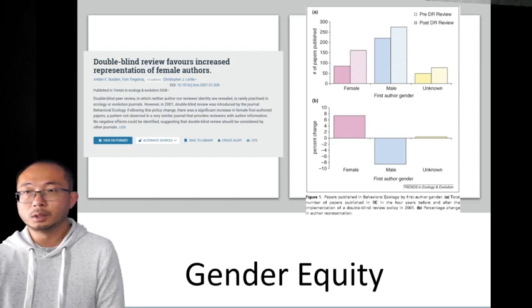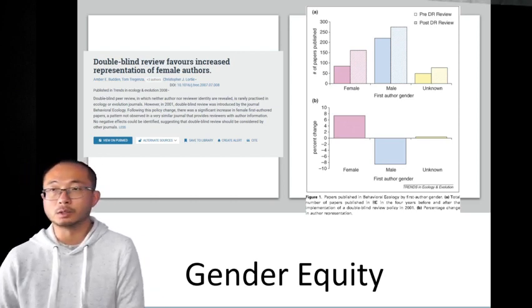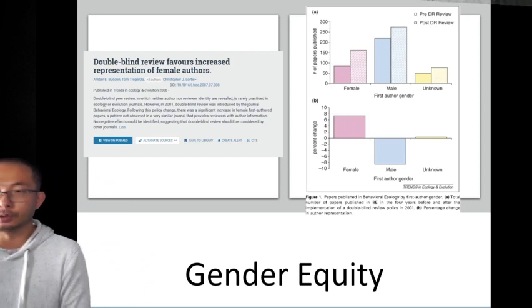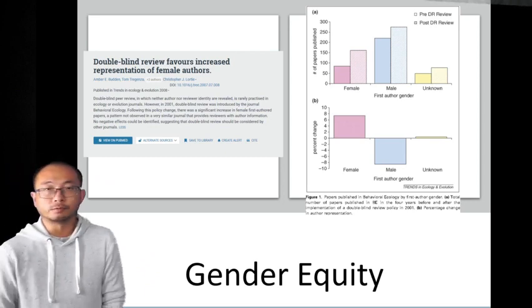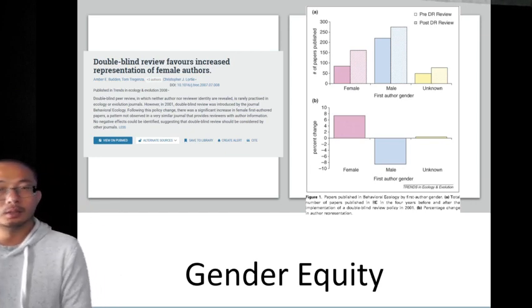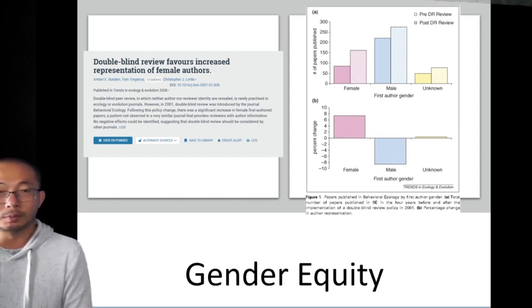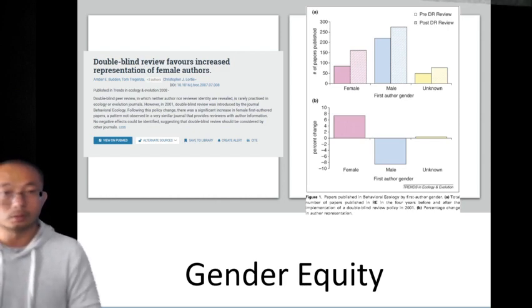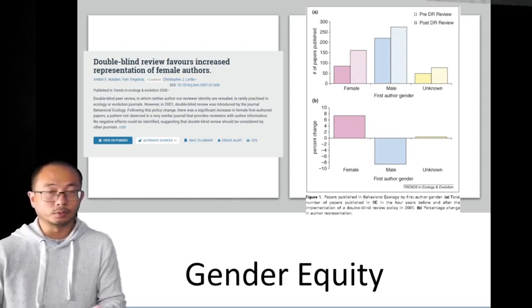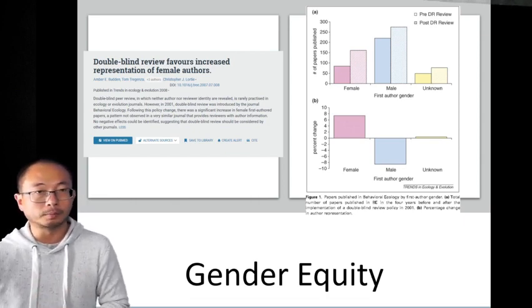In ecology and evolution and behavioral ecology, these two different journals find that if they double blind the reviewers, that means the reviewers did not know who the authors were. They receive the paper, read it, grade it on its own merit, and recommend it for publication.